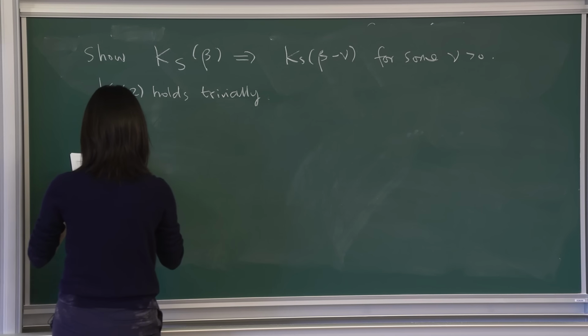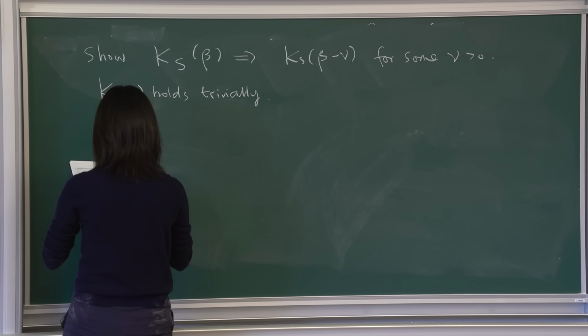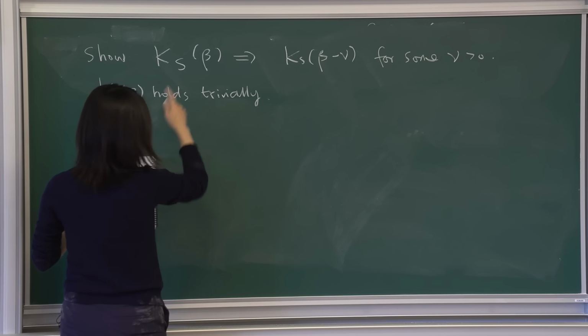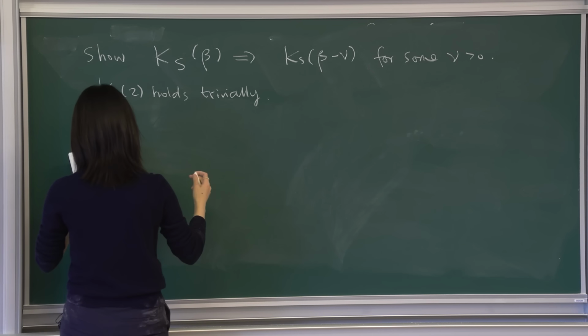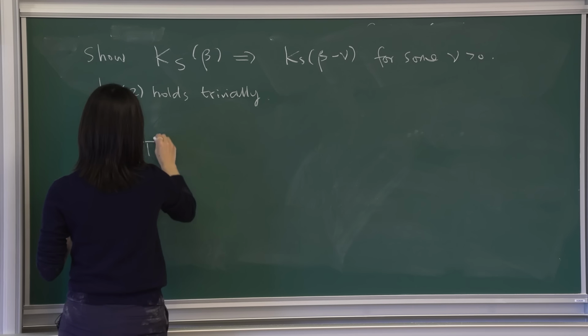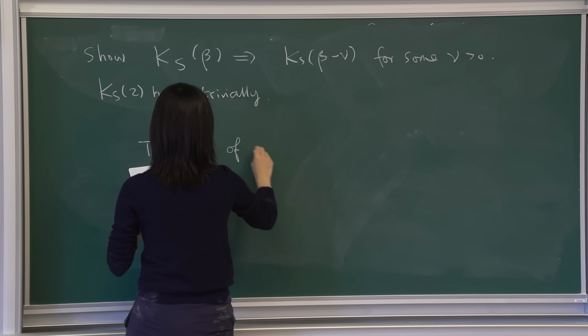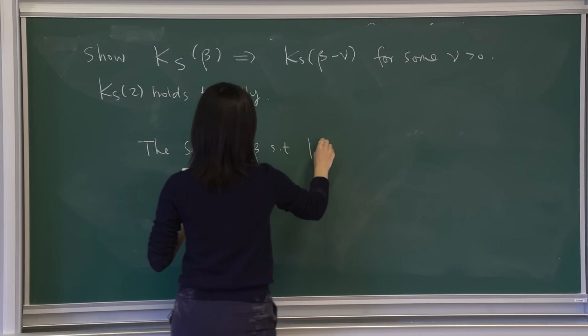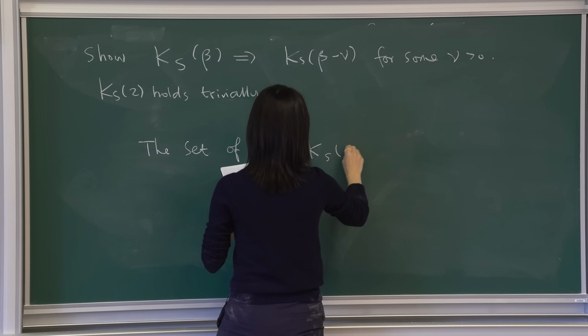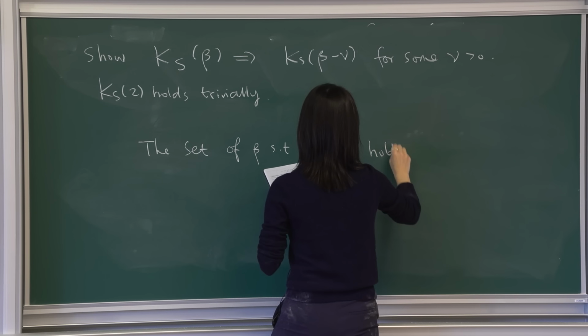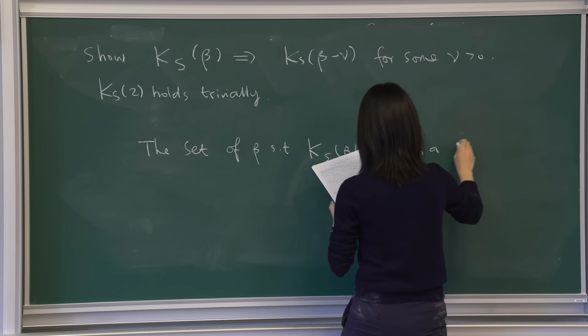And the reason why we set up with both beta and epsilon is that it's just some abstract argument. They're saying that the set of beta such that K sticky beta holds is a closed set.